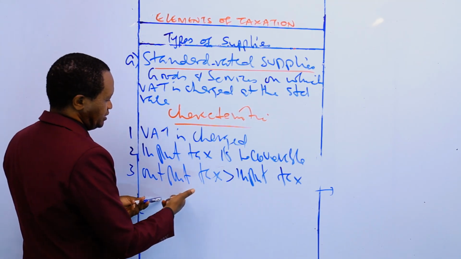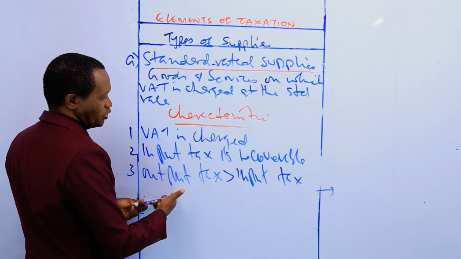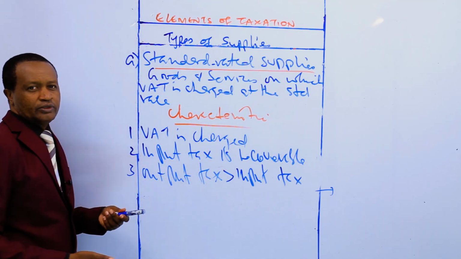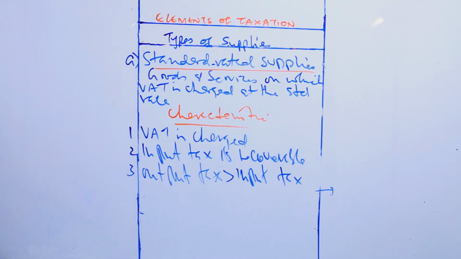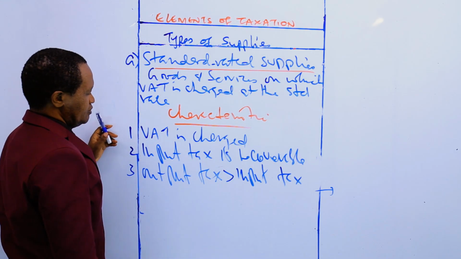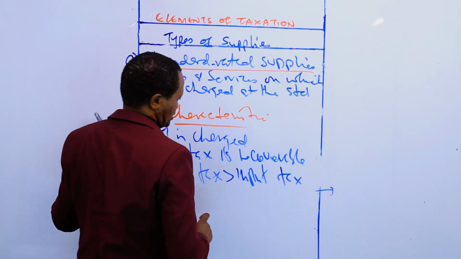The VAT paid when buying the papers by the manufacturers, when you compare with the output tax, we are saying that the output tax will be greater than their input tax, resulting in a net payment to KRA. So output tax should be greater than the input tax.